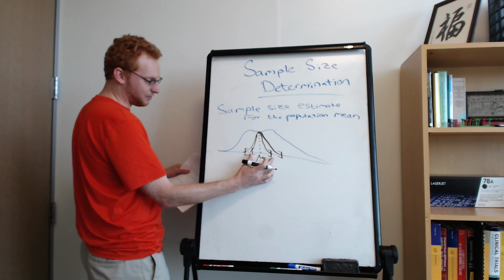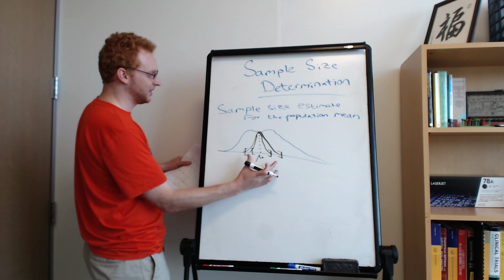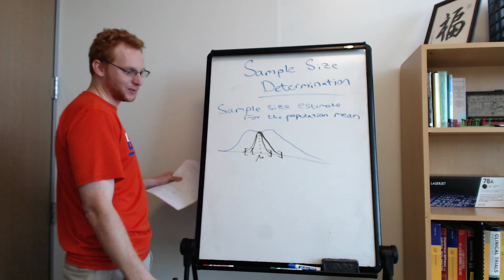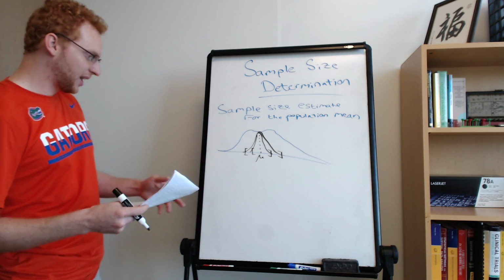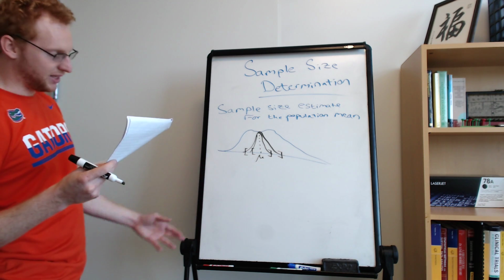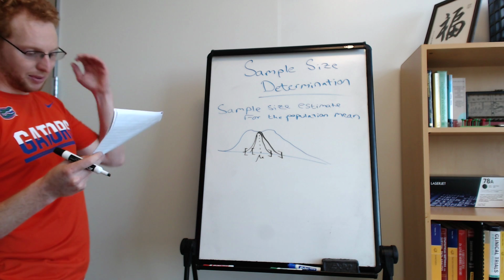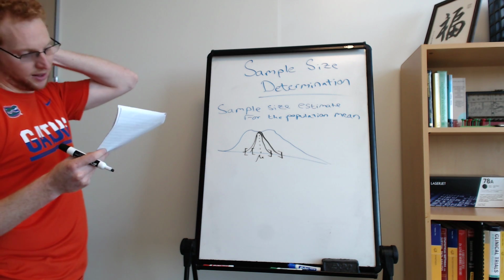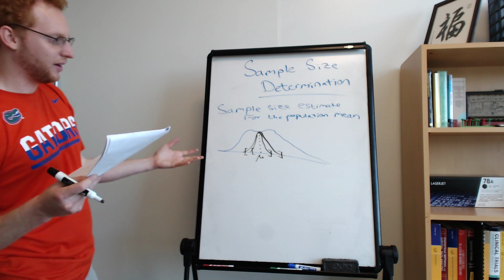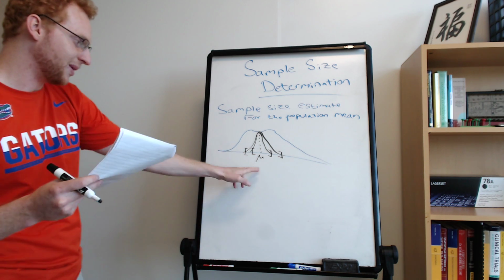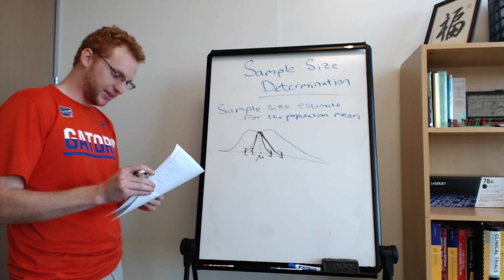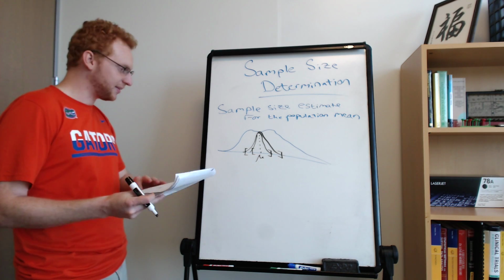So if we have more samples, the interval will be smaller than if we have very few samples. That's sort of intuitive. And then it should be centered about the true population mean due to the law of large numbers. So the more you sample, the closer to the true mean its expected value becomes. And it's normally distributed by the central limit theorem.